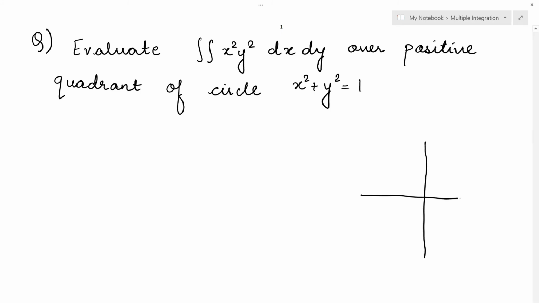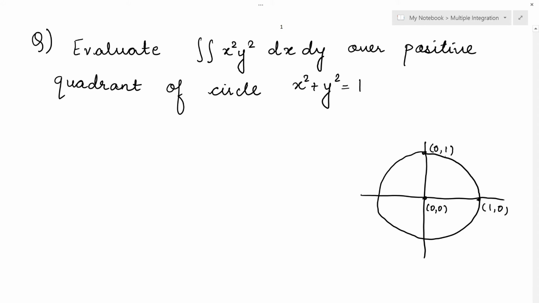Clearly you have a circle with center origin and radius 1. This is my origin. This is (1, 0) because the radius is 1, as given in the question. This is (0, 1).